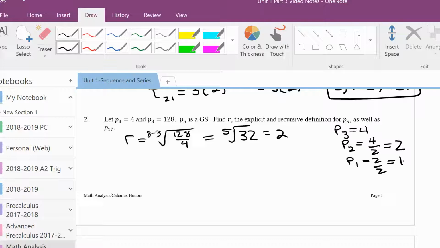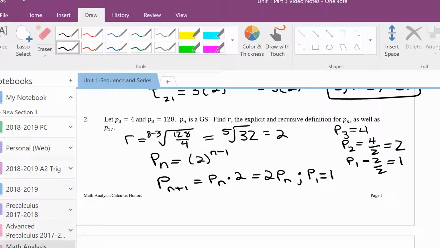So the explicit definition for P sub n is 1 times the ratio 2 to the n minus 1 power. And then recursive, P sub n plus 1 is equal to P sub n times 2, which you can write as 2 P sub n, where P sub 1 is equal to 1.